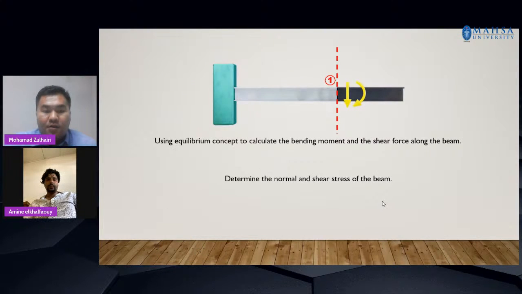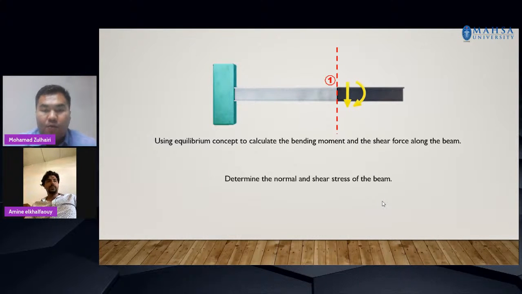So this equilibrium concept we will apply into the finite element analysis concept. The concept is very simple. If we want to calculate the bending moment on a simple beam, when we manually calculate a normal single beam, we will get the bending moment and the shear force along the beam, and eventually it will result in the normal and shear stress of the beam.